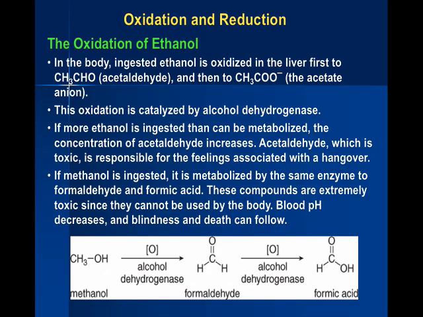Now the oxidation of ethanol is interesting biologically. This is what happens when you enjoy a beverage, right? You have liver enzymes, alcohol dehydrogenase, and that alcohol dehydrogenase converts ethanol ultimately into acetic acid, or the acetate anion because of the pH of blood.